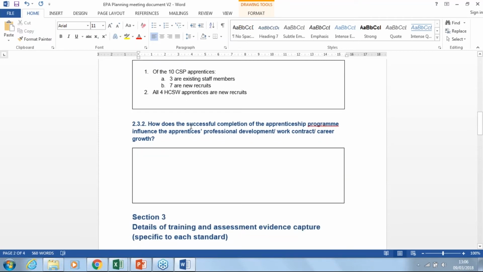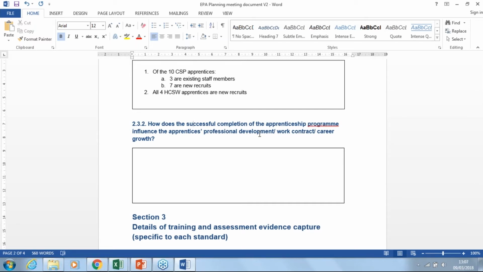Then the third section of that document within that planning meeting is around details of training and assessment evidence capture. And again, as an endpoint assessment organization, we don't need to monitor or track that on an ongoing basis, but this is just so that we have a good inkling as to how that is happening.